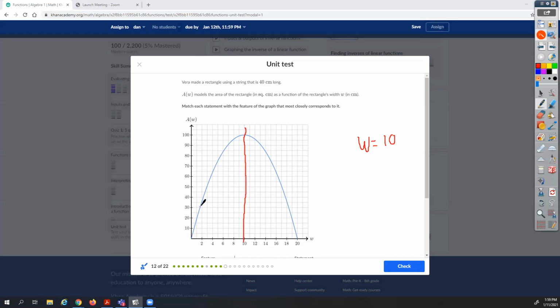If you have a smaller width, you have a smaller area. If you have a larger width, then you have a smaller area, okay? So this is important. Smaller width means smaller area. Larger width also means smaller area.